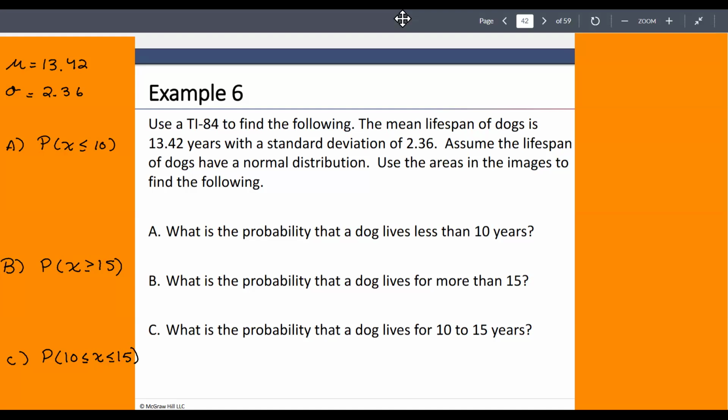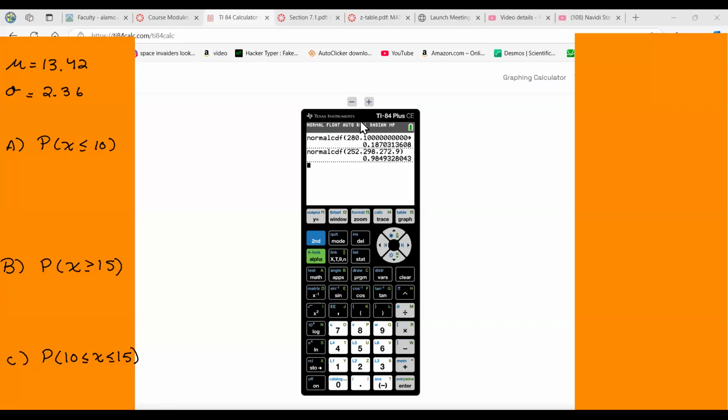So let's go to the TI-84 again. So the first problem is the less than problem. So we're bound between 10 and whatever is out here. So we'll pick -1 and as many zeros as we can right after it. So we're trying to get just going out to negative infinity.